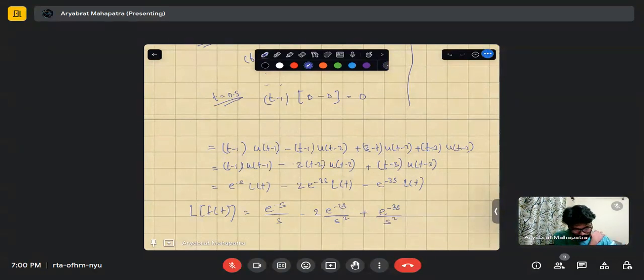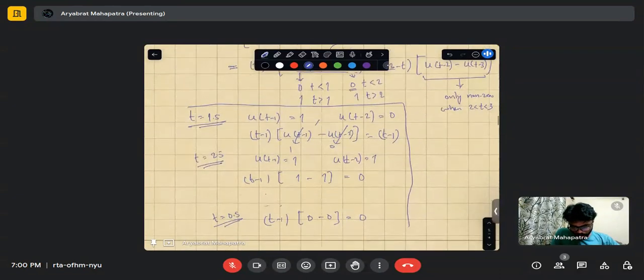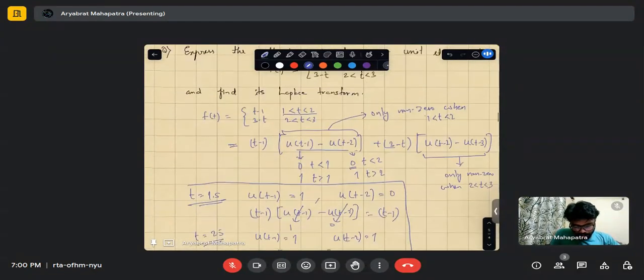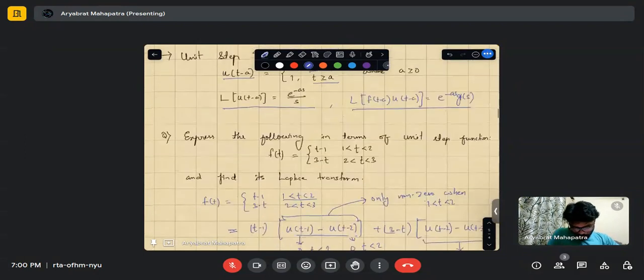So from here you will get the Laplace transform.